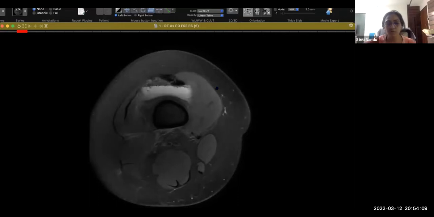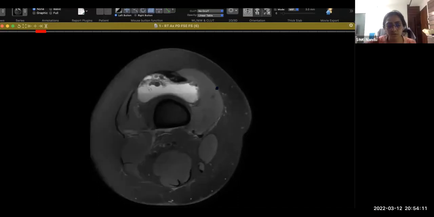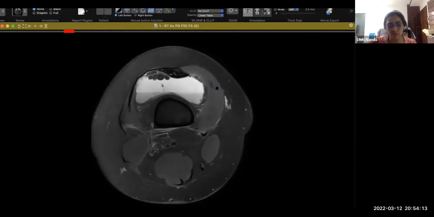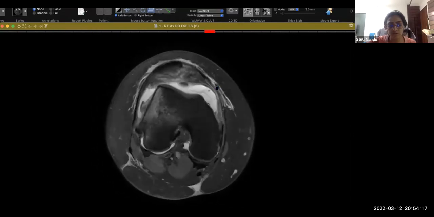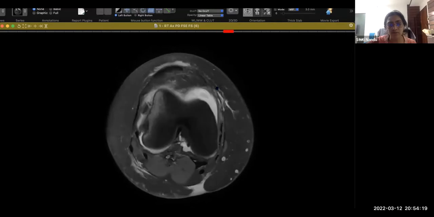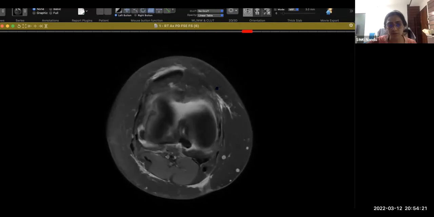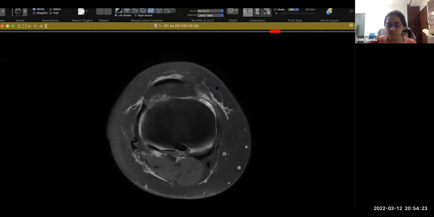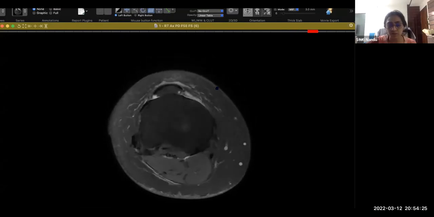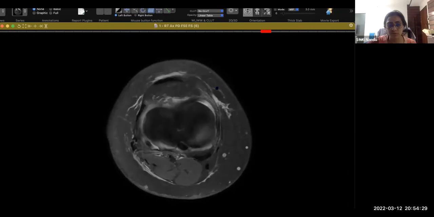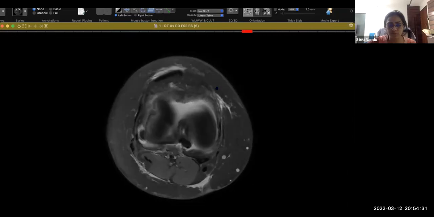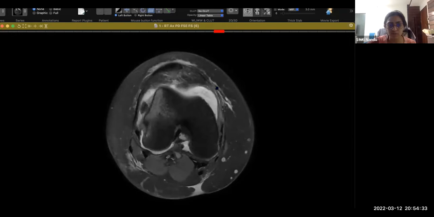Yeah, so I'm provided with MRI sequences of the thigh and knee region of an adult patient. I can see that the growth plate is fused. I'm scrolling from down upwards.